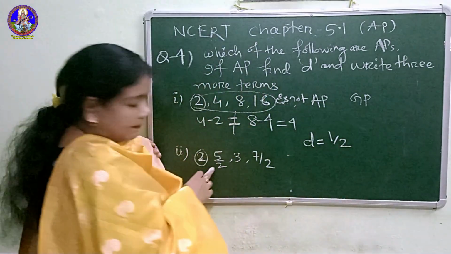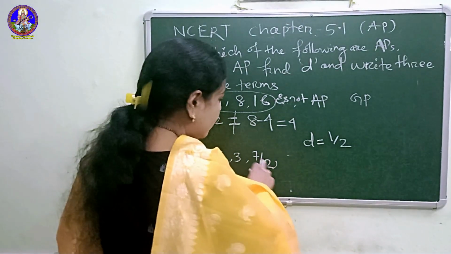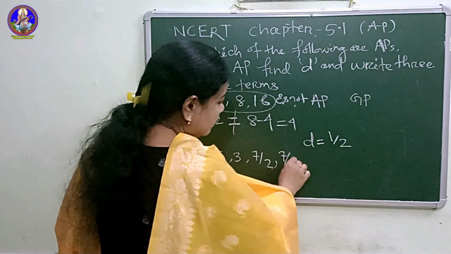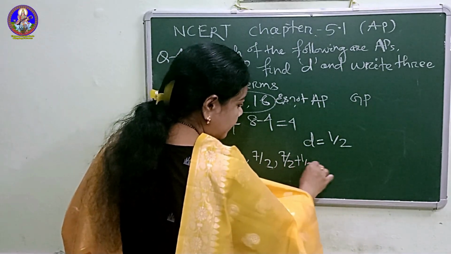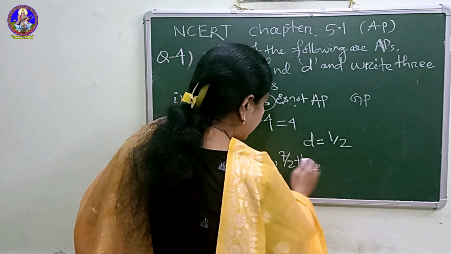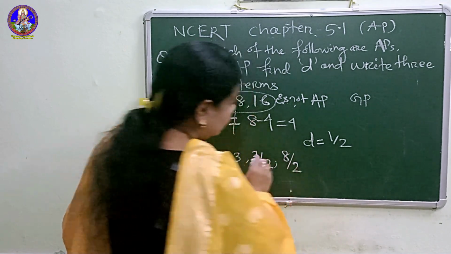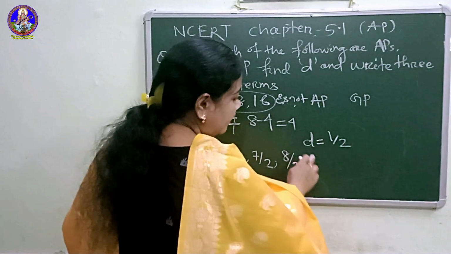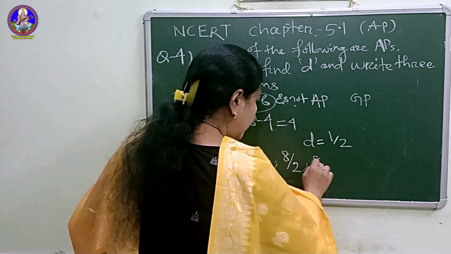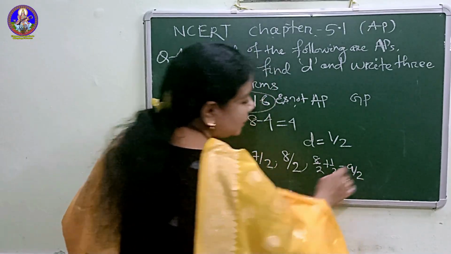So now the difference is equal to 1 by 2. After the 4 terms, we have to find another 3 terms. How? The next term will be the last term plus 1 by 2. We have 7 by 2 plus 1 by 2, that is 8 by 2. The next term will be 8 by 2 plus 1 by 2, that is 9 by 2.